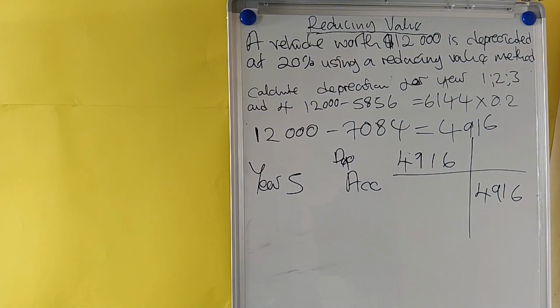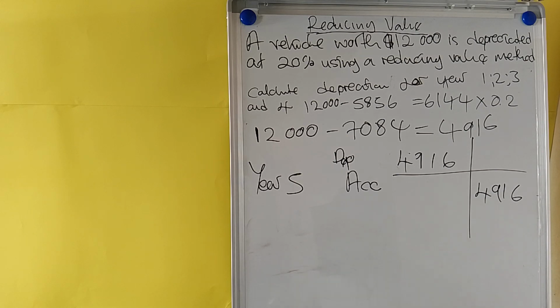So this is the reducing value method. You have seen that it puts so much depreciation in the first year. It assumes that the vehicle depreciates at a higher value when it is new than in later years.